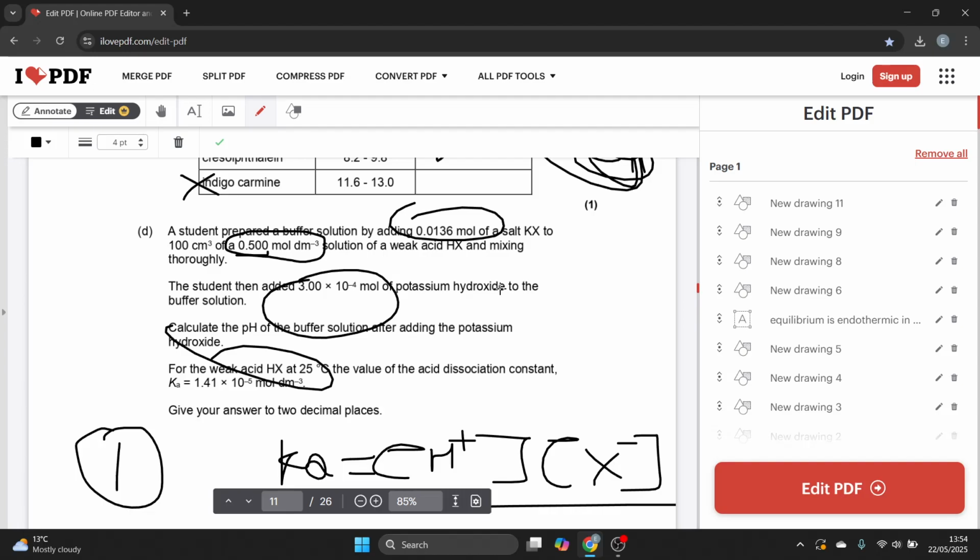Because I really want to explain it as well, because I've got these moles of the weak acid HX. If I'm adding hydroxide ions to this buffer solution, what's going to happen? Well, the hydroxide ions are going to react, obviously. And then what is the remaining moles of HX after?